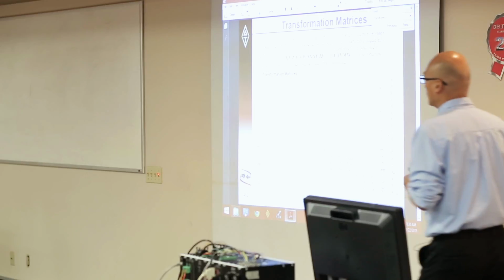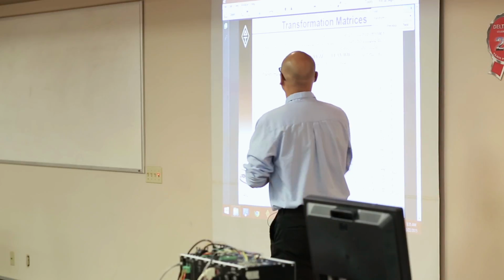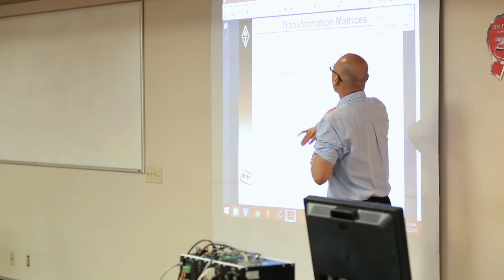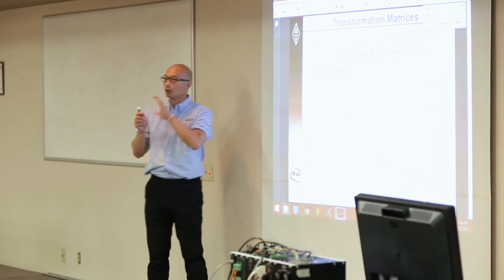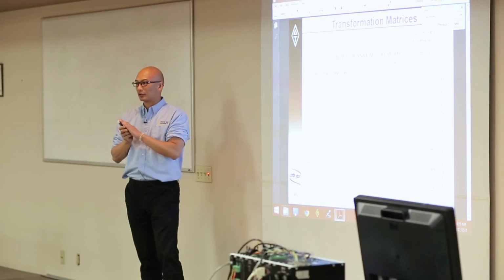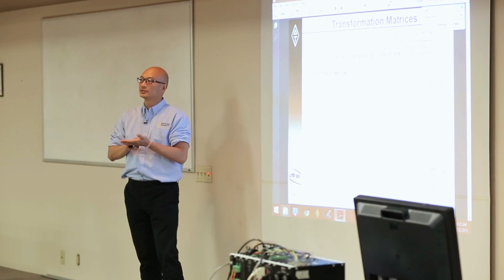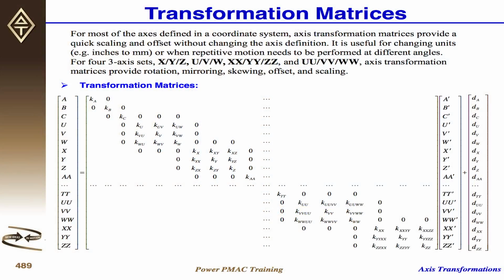We have 4 sets of this transformation. Remember I talked about the coordinate systems that we have. The Cartesian coordinate system, we have 4 of these. These are the XYZ, UVW, XXYYZZ, UUVVWW. These are the only 4 sets of coordinates that you can use with this transformation.